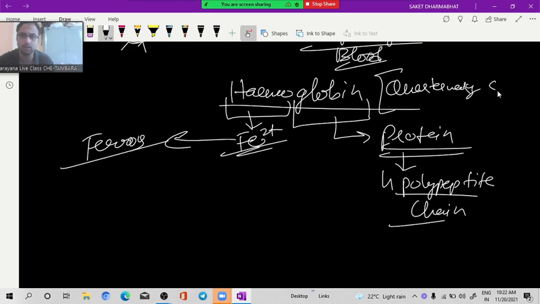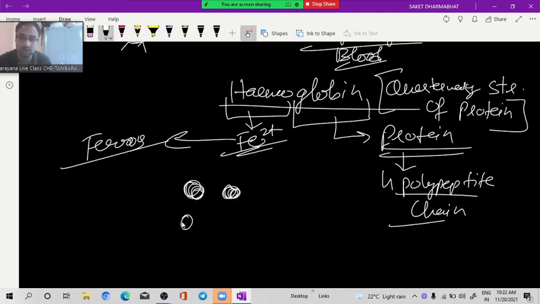I think in biomolecules you have studied. You have studied? Yes. Quaternary structure of protein means four tertiary structures of protein combined to each other. Then it is forming what?